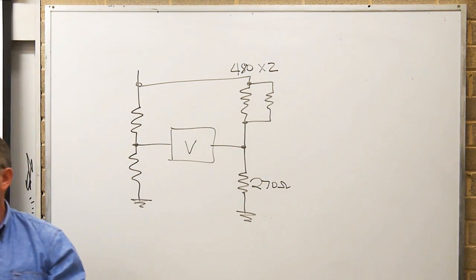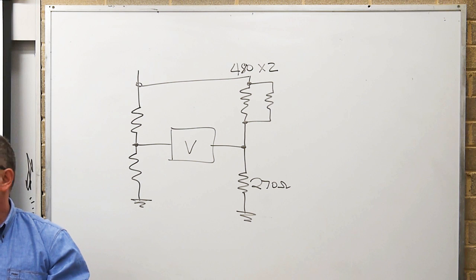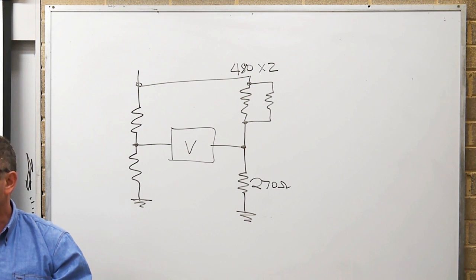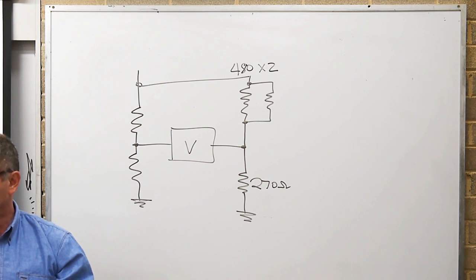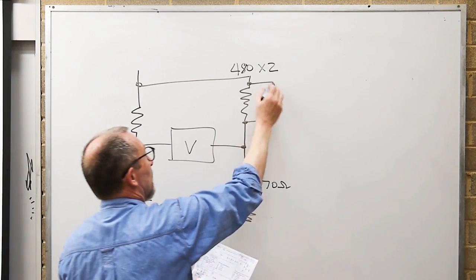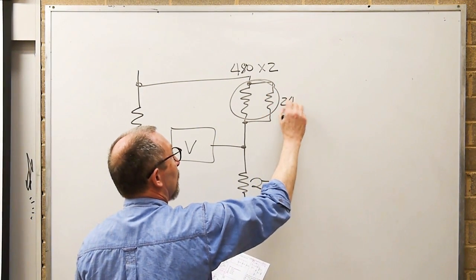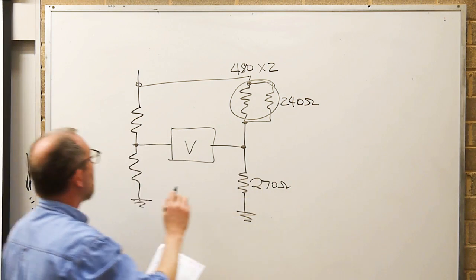When we've got 480 ohms in parallel, very easy to work out the total. 2 identical value resistors, divide it by 2. So that network there comes down to be 240 ohms.